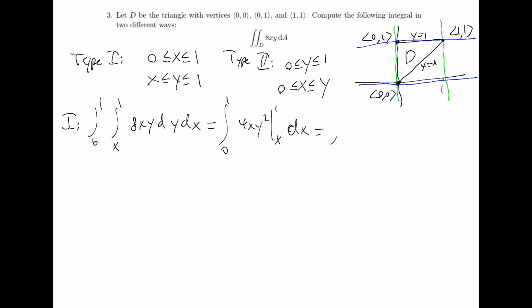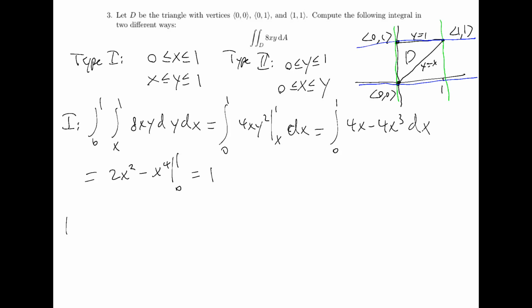So plugging this in for y will give me 4x minus, and then x for y will give me 4x to the third. Well, this is easy, because this is going to be 2x squared minus x to the fourth between the boundaries 1 and 0, which will give me 1.